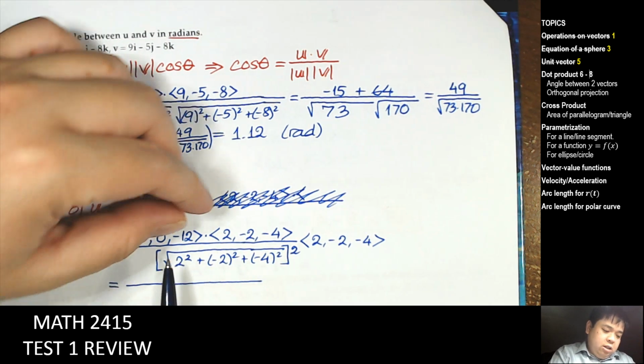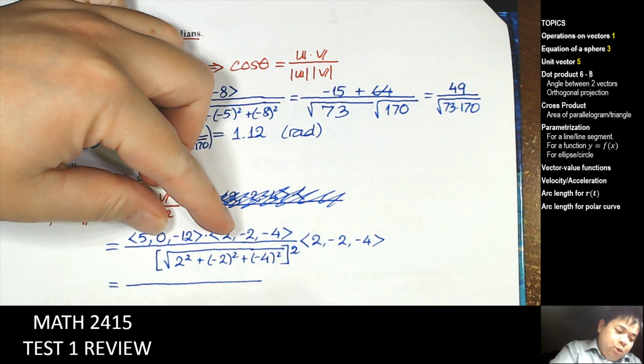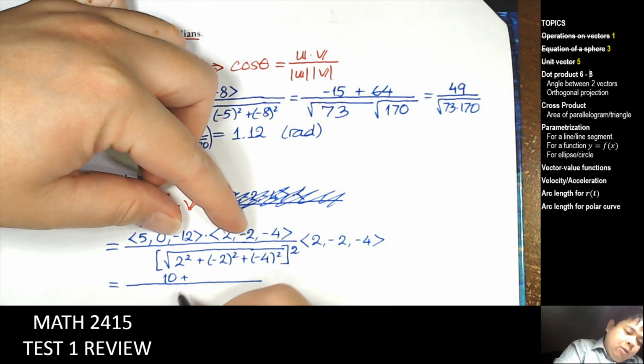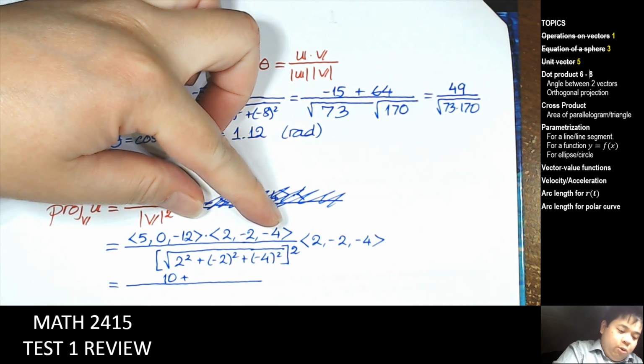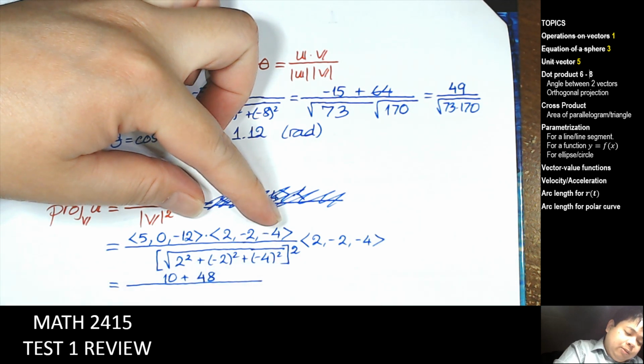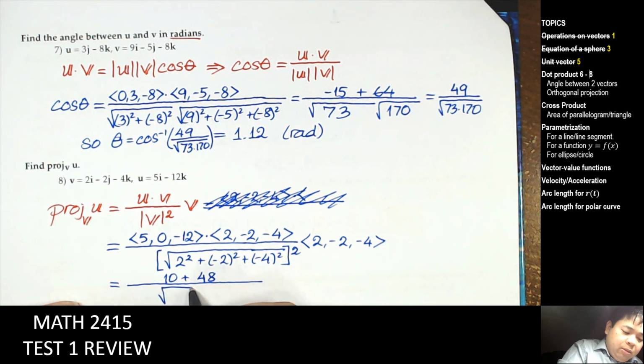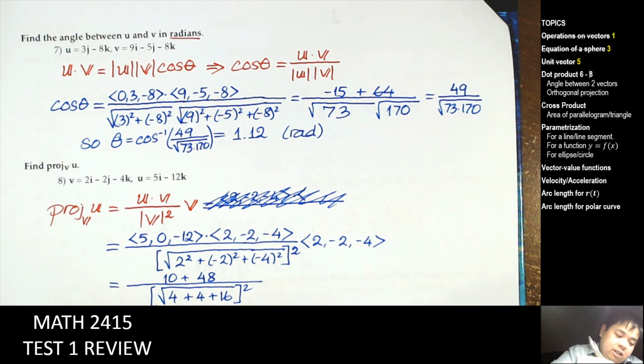So the dot product, we have 5 times 2, so that is 10, plus 0 times -2, that's 0, and -12, -4, that's 48. The bottom, 2 squared is 4, -2 squared is 4, -4 squared is 16, so square root of 24, and square root and square cancel out.